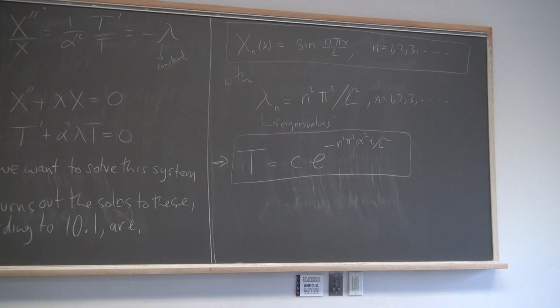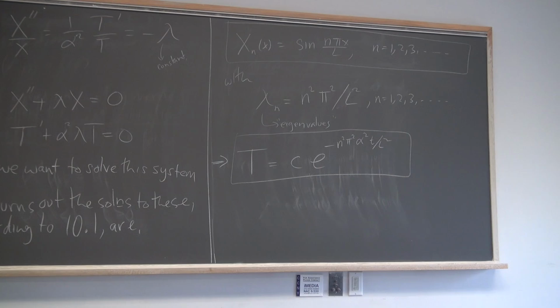Right? So since a linear combination of solutions is a solution, we get that our general solution we can write as a linear combination of all guys like this. But how many guys like this do we have?